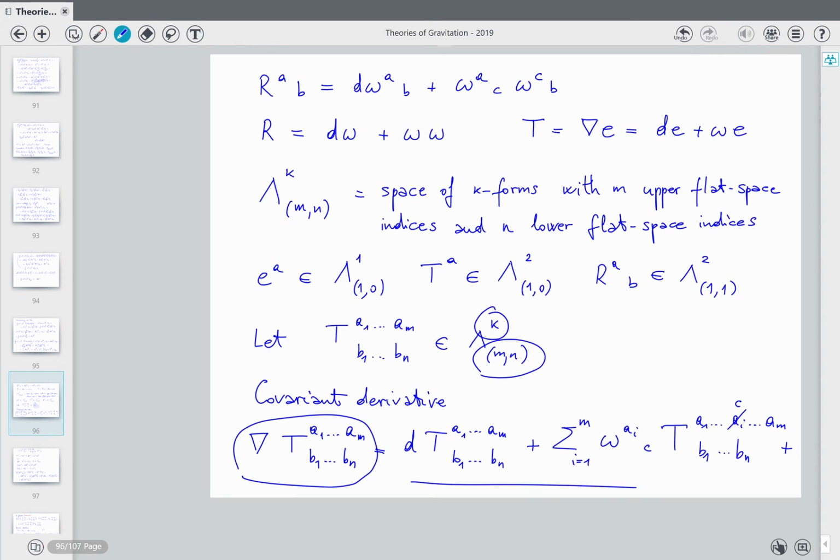And so we can extend this definition of covariant derivative to objects that are K-forms, have an arbitrary number of flat space indices, raised or lowered, and an arbitrary number of space-time indices, raised or lowered.